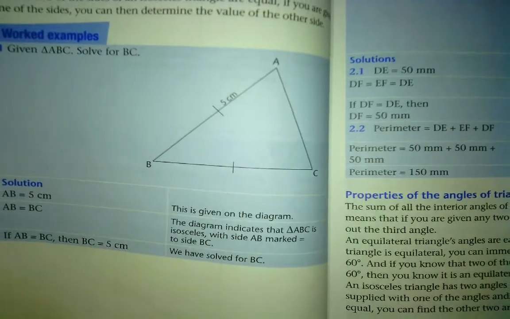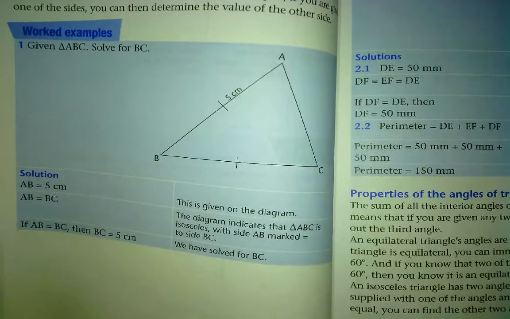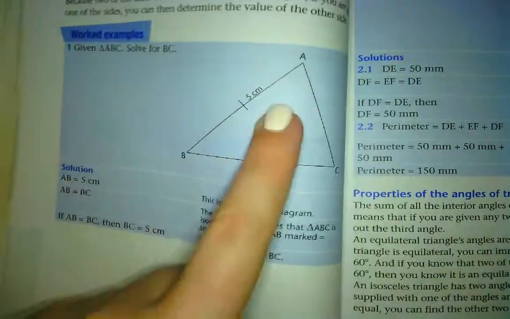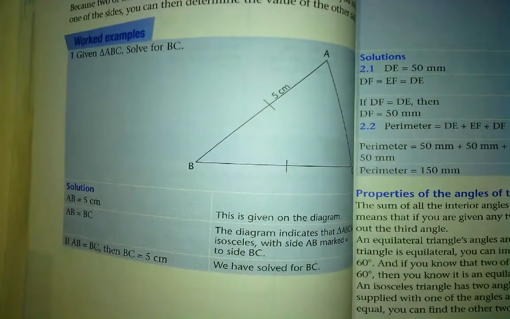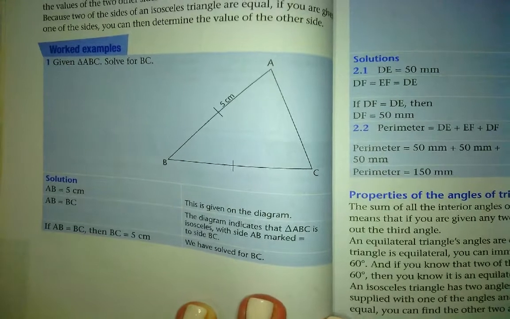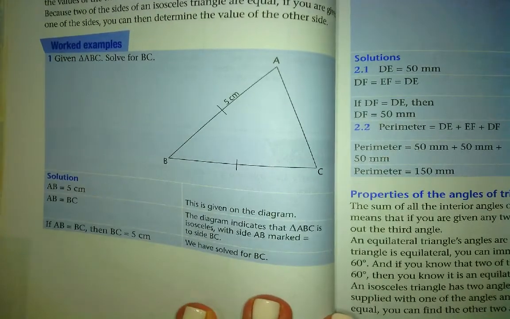The whole point is they will give you something that might be very off center. So if you actually take your ruler and measure that, it won't be 5 centimeters, things like that. So you can't actually measure it, and you can't measure the angles either. So this is where you start using your reasoning and all that kind of stuff.